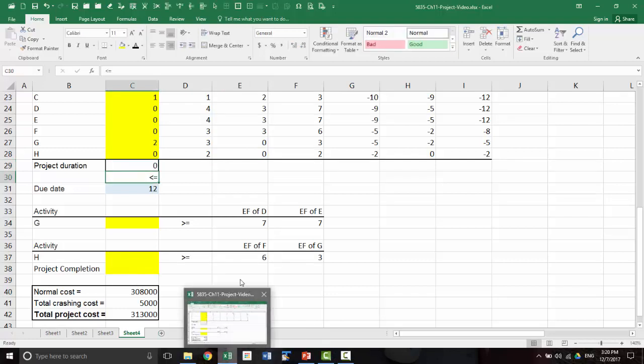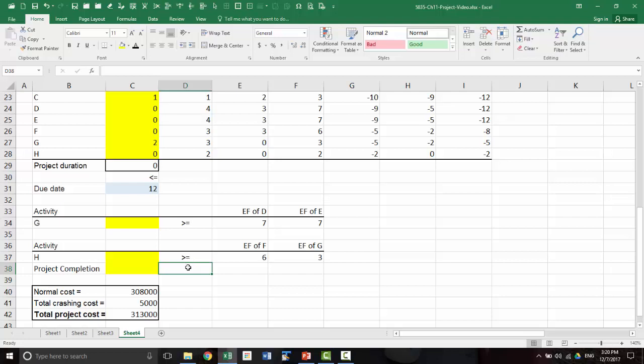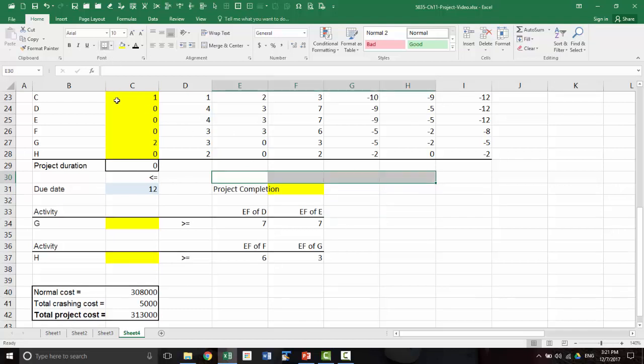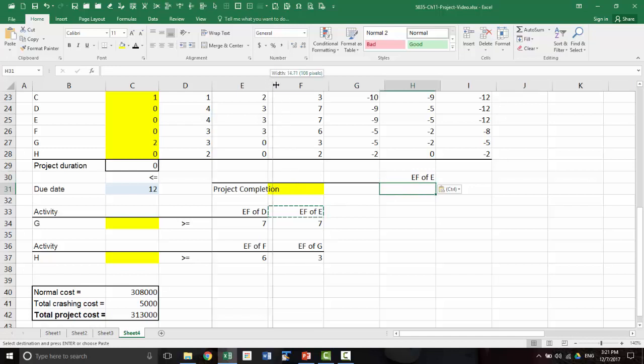Of course, we have to set up for project completion time also. Let's move this over here. Project completion time. Okay, there is only one activity, so you really didn't have to do it this way, but I'm going to set it up in such a way that it is more general.